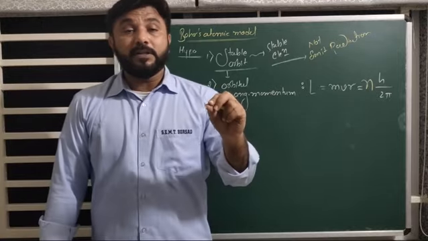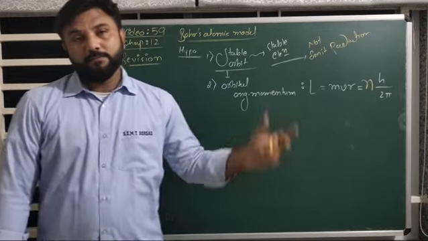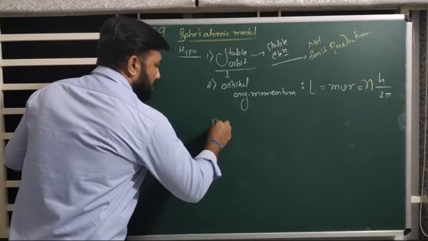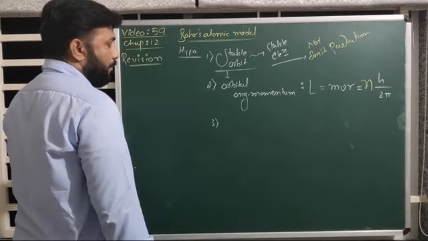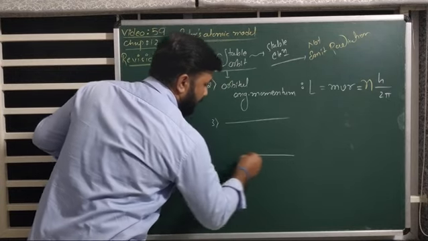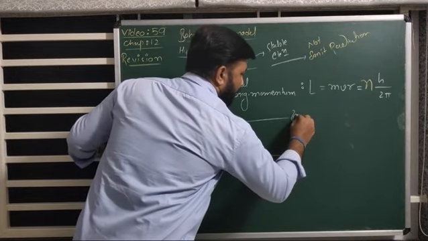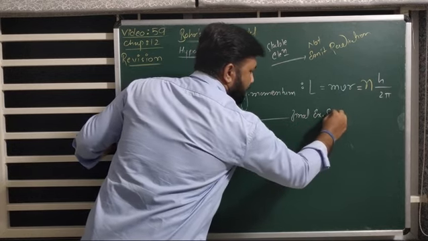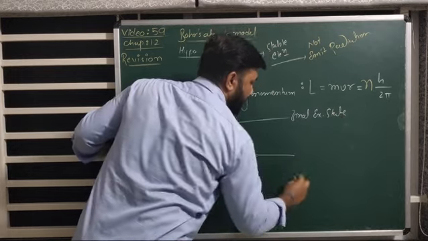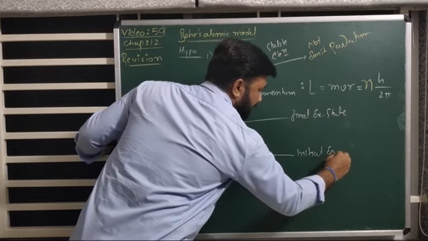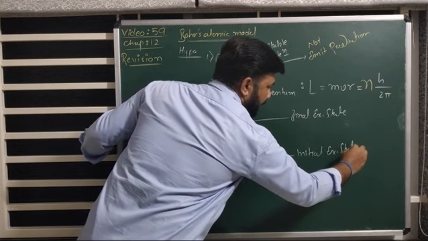State the hypothesis of Bohr's atomic model. Clear? Just the last hypothesis remains. You have to remember it this way. There is a final excited state and an initial excited state.